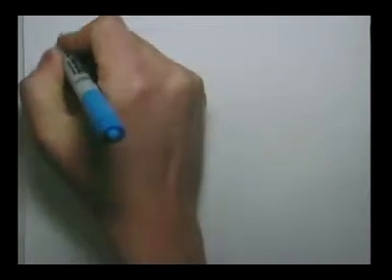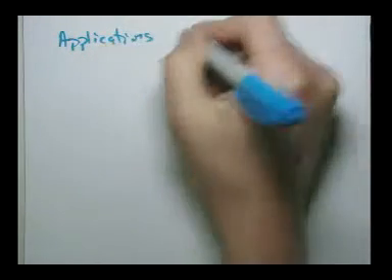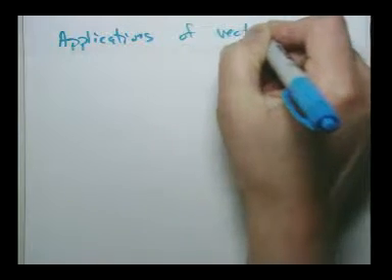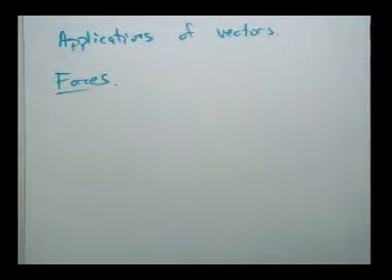And one of the things, if you've talked about it yet in your science classes, that a vector is especially good at talking about is forces. So that's going to be our first application: forces.